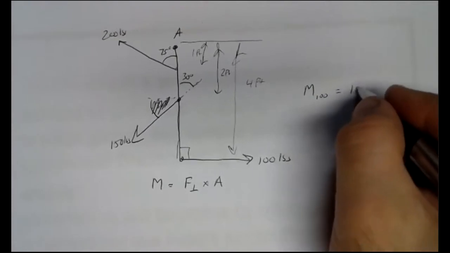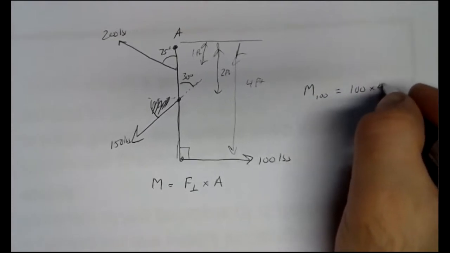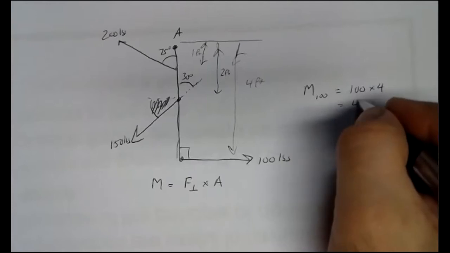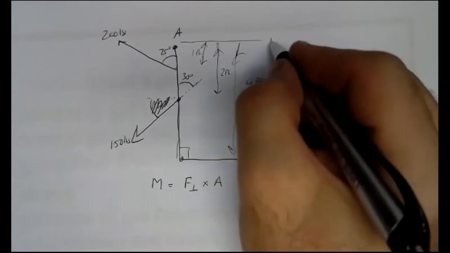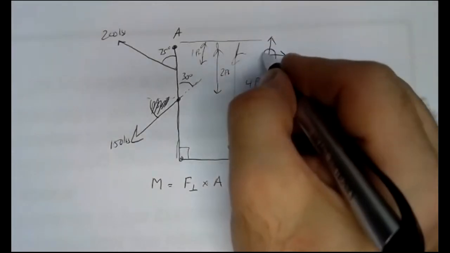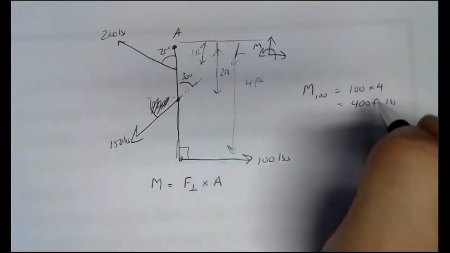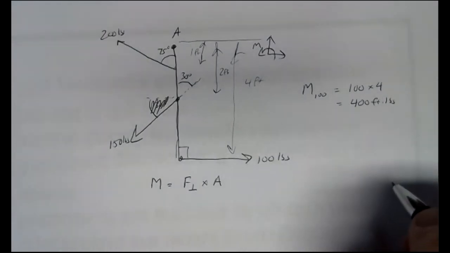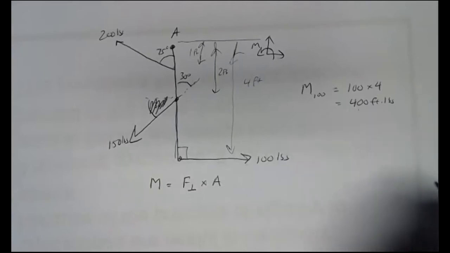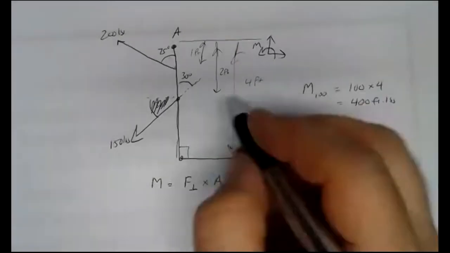That's going to be 100 pounds times 4 feet. It's going to be 400 foot-pounds. And since I'm going to assume counterclockwise moments are positive, this would be a counterclockwise moment, so it's going to be positive. That one's easy because everything's at 90 degrees.